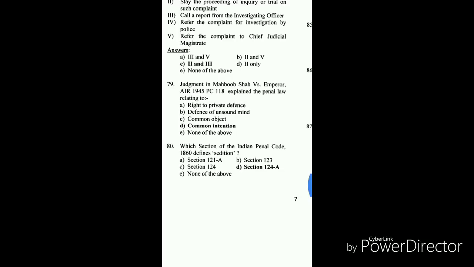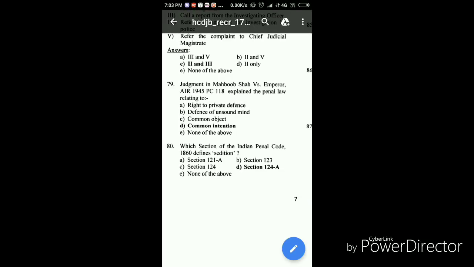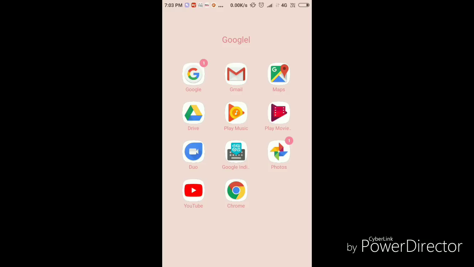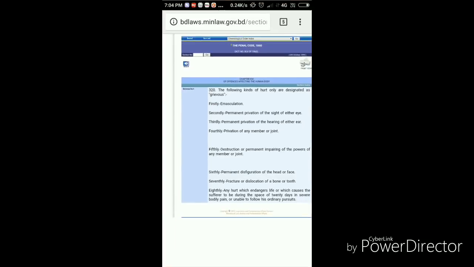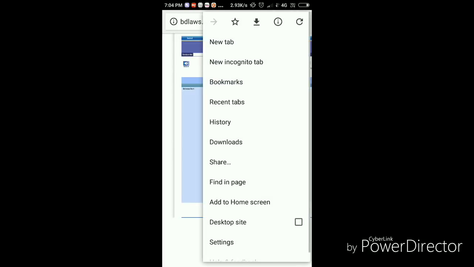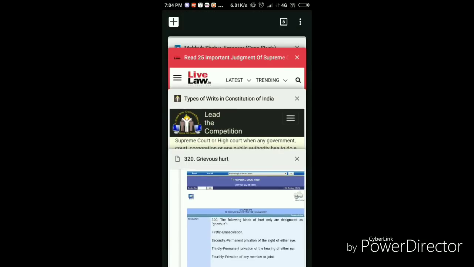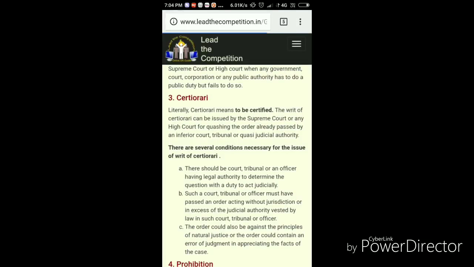Judgment in Mehboob Shah versus Emperor, a very landmark judgment given by the Privy Council in the year 1945. Let me show you, let me find it out for you.